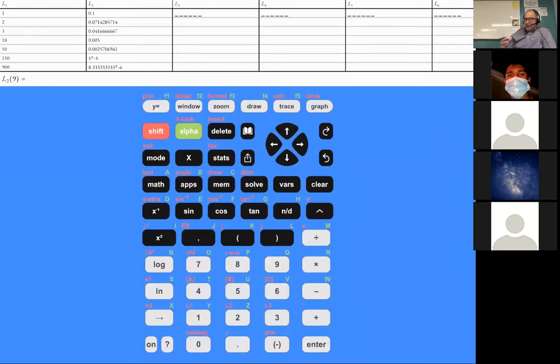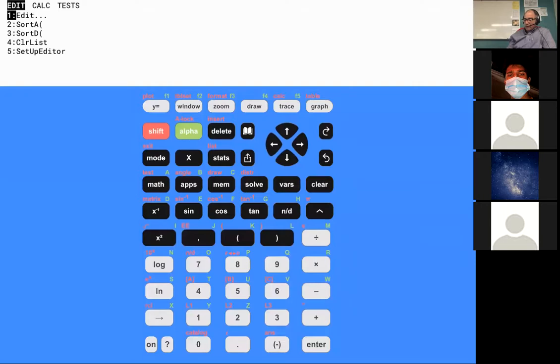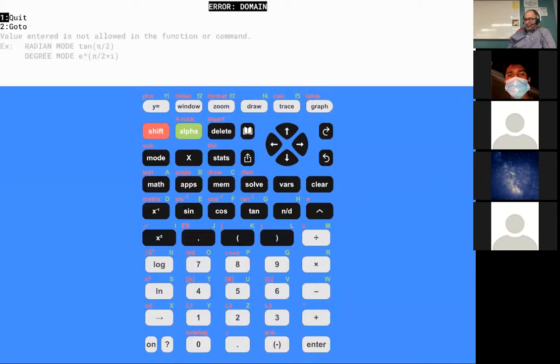So now if I want to find that expected outcome, so I'm finding a mean and a standard deviation, we're going to go to stat, over to calculate, and choose option 1, because option 1 is where I find a mean and a standard deviation. However, it's a little bit different with a probability distribution because list 1 is going to be my outcomes, list 2 is going to be the frequency, and that all stayed the same from the last time I ran this. So we can just hit enter.